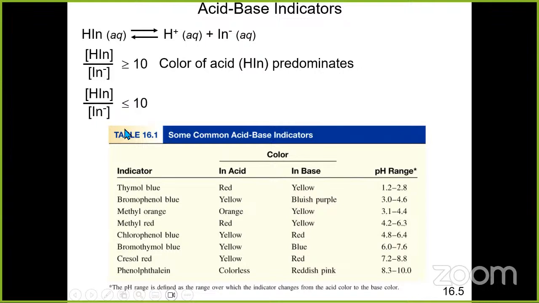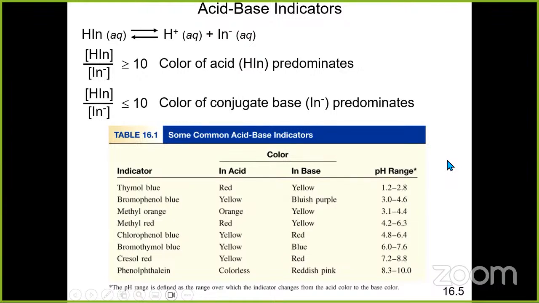Now, if it's reversed, where this ratio is less than or equal to 10, then the color of the basic form will predominate. Now, between those two 10 ranges, the resulting color would be a mixture of the colors of the two forms of the indicator, all right? So that's basically how indicators behave.